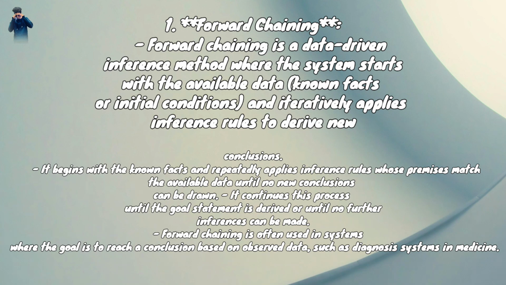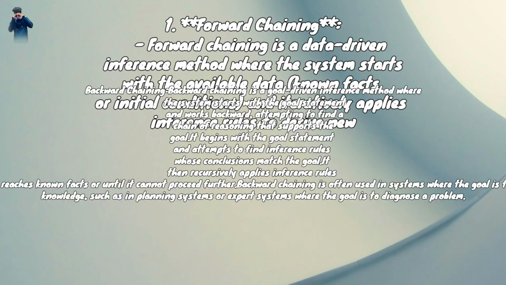It continues this process until the goal statement is derived or until no further inferences can be made. Forward chaining is often used in systems where the goal is to reach a conclusion based on observed data, such as diagnosis systems in medicine.